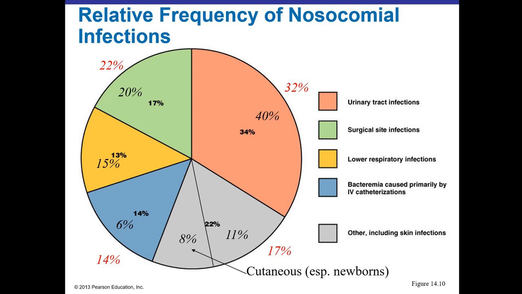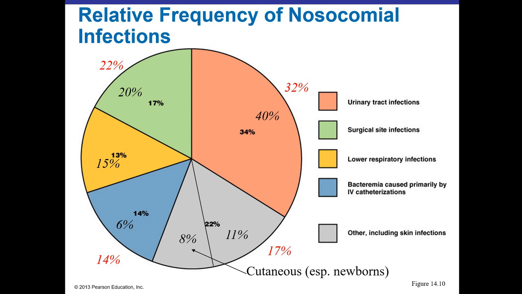Followed next by respiratory infections. Somewhere between 13 to 15% of all nosocomial infections are lower respiratory. In the hospital, people are often lying down in that prone position, so they're just not getting all of that tidal volume moving things up and out. And anesthesia causes things to go to sleep, and that includes your respiratory system.